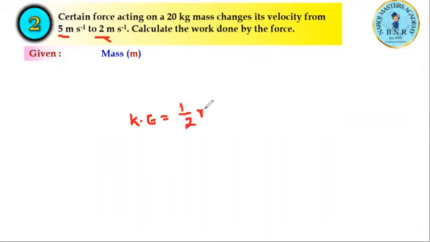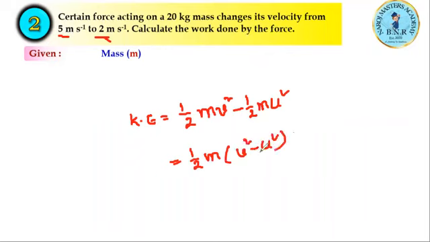Half mv square minus half mu square. So here if you take half into m common, v square minus u square. So half into m is 20 kg into v. Final velocity is 2, initial velocity is 5.